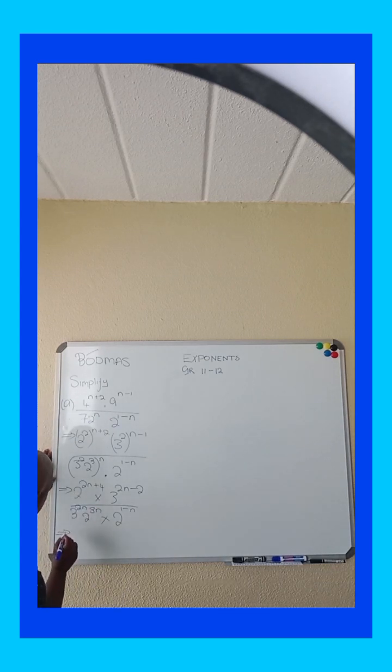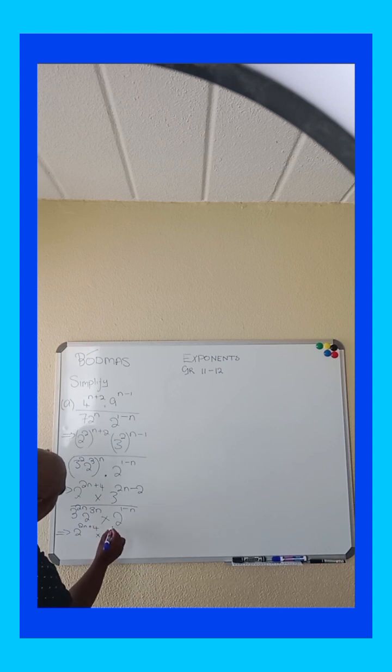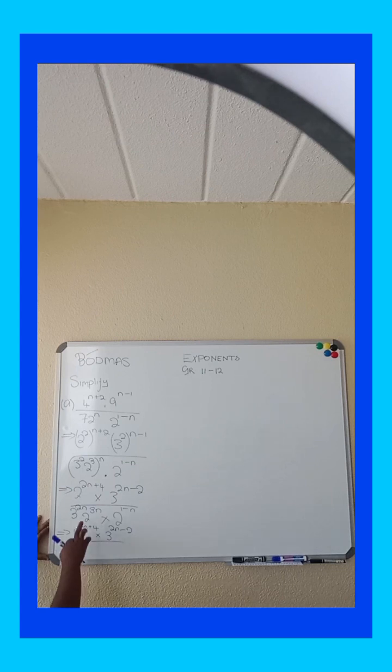Okay? So we're going to write this expression as it is, 2 to the power 2n plus 4 times 3 to the power 2n minus 2, divide by, and then we said there are like terms, this one and this one is a like term.